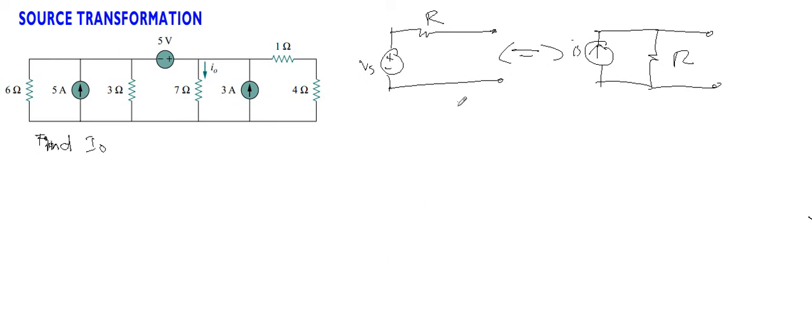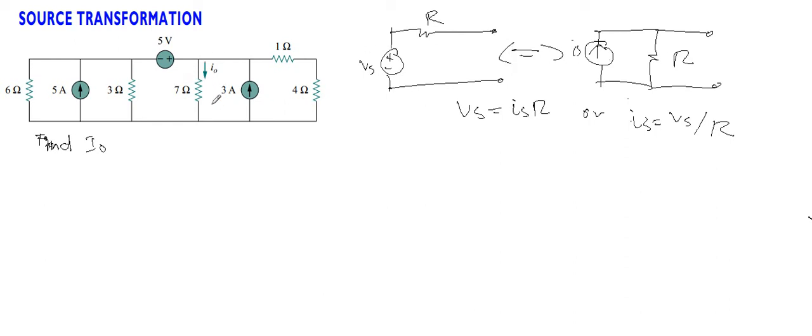DS is simply equal to ISR. IS is equal to VS over R. Ngayon, it's up to you kung saan yung gagamitin nyo dyan, as long as makuha niyo yung IO nyo dyan.